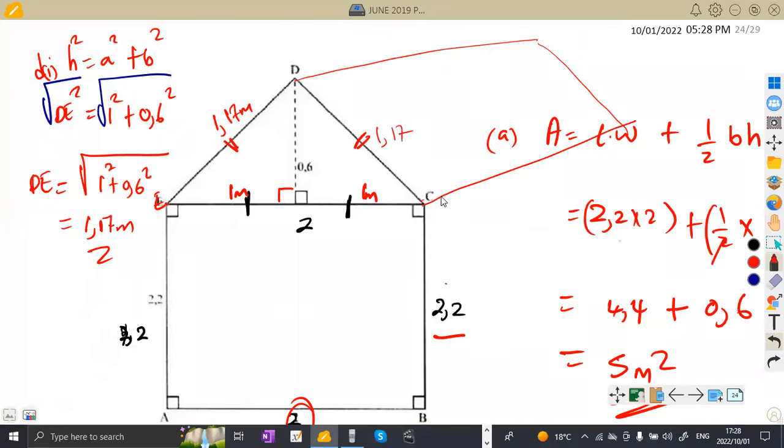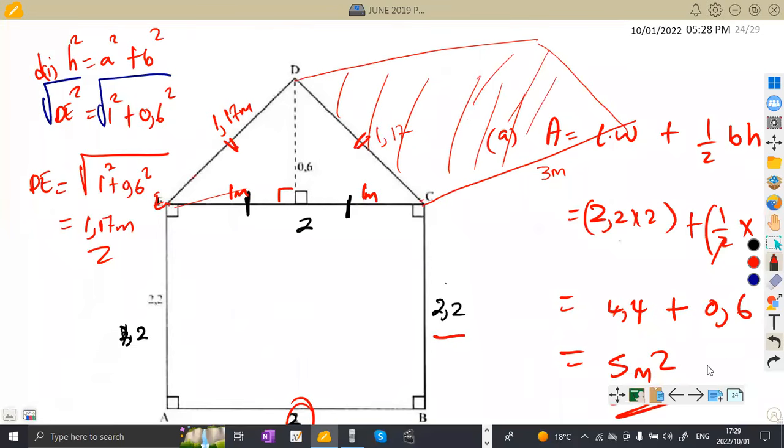From this point to this point, remember we are told that the shed is 3 meters long. So we're going to have 3 meters of the shed from one point to another. But take note, the sloping part is also on the other side, from D to E. There's another part like that. So there are 2 portions like this.